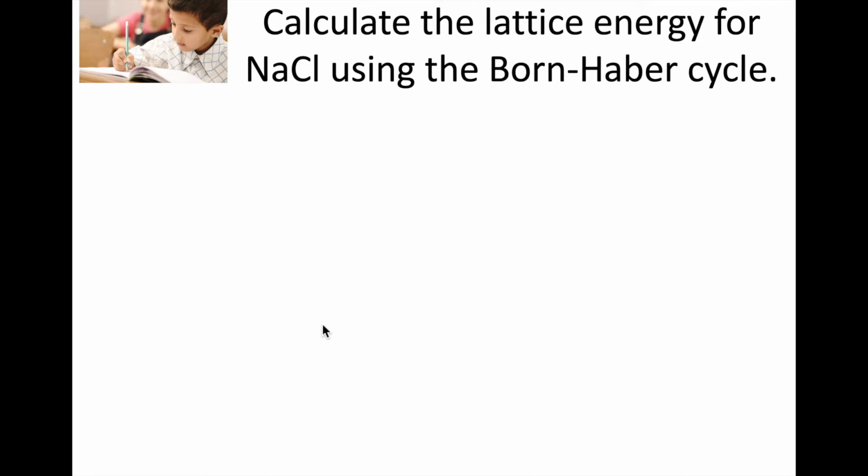All of those things together, we can also calculate the lattice energy. So what I want you to do is see if you can draw up the Born-Haber cycle for this material, and more importantly, calculate the lattice energy, which is similar to the last exercise we did, but using the Born-Haber cycle that you've created.